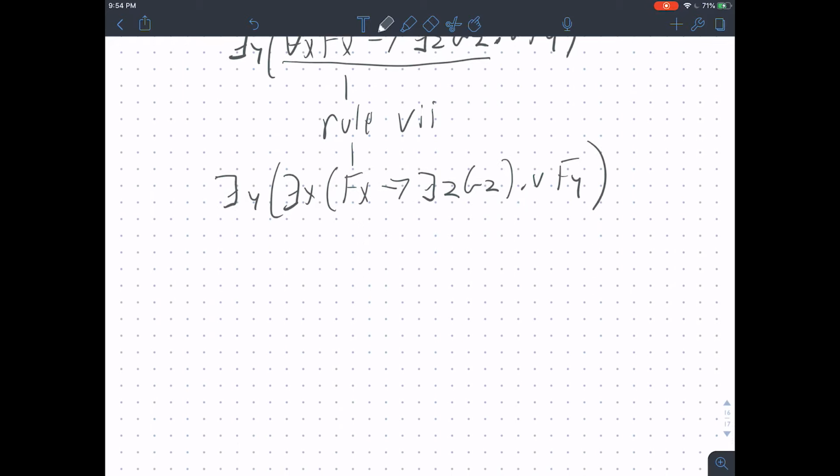Okay, and now for the purposes of prenexifying this, we are going to apply rule 3, because for the purposes of our rules, this whole thing has this structure.